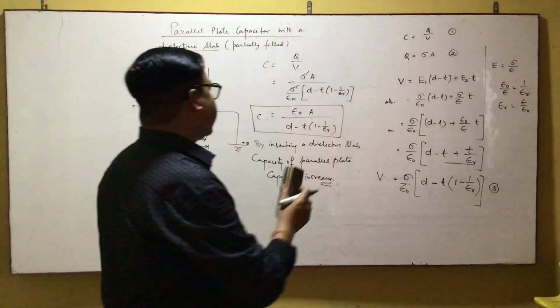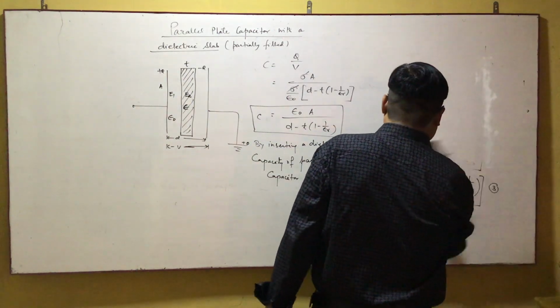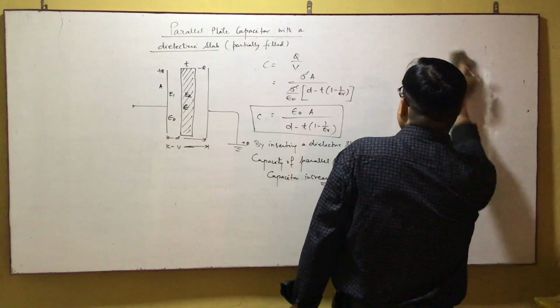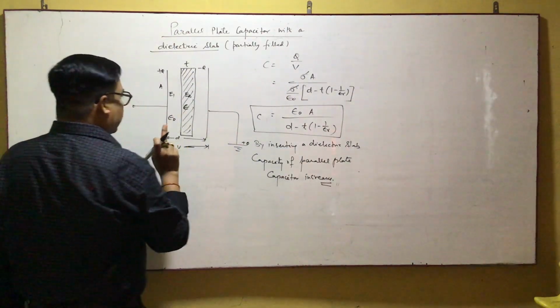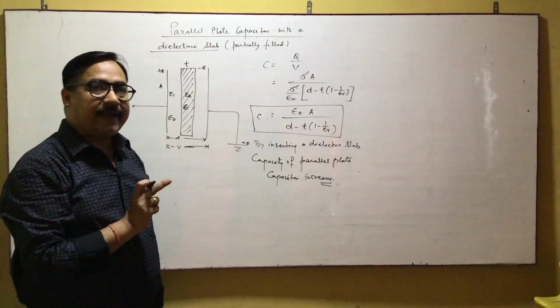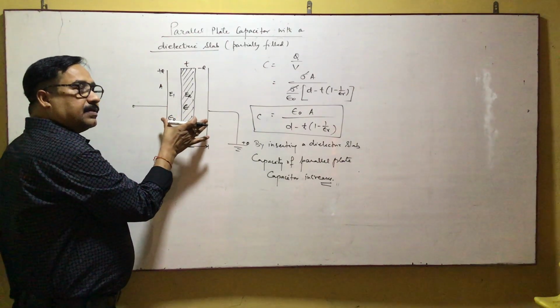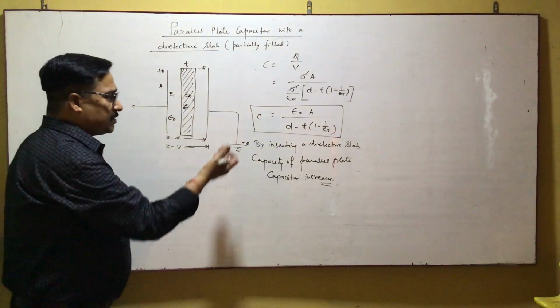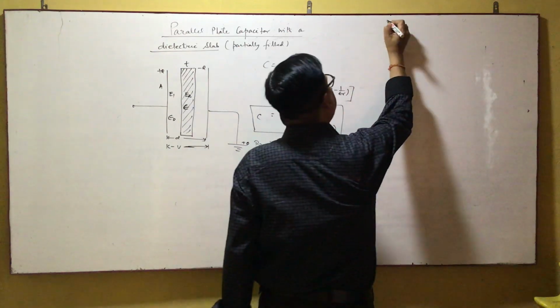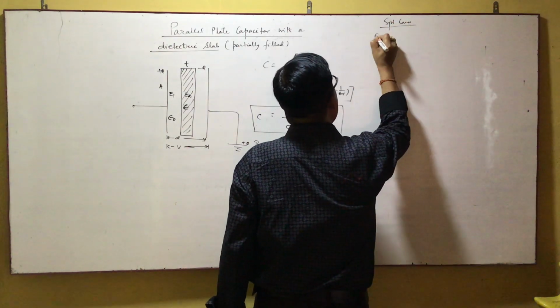Now again we can have some special cases. By simply putting some condition we can get the previous expressions. When there is no dielectric slab, we should get the formula as epsilon naught A by D, and when the complete space is filled with the dielectric, the answer should be epsilon A by D. So let us check from this special case. Number 1.